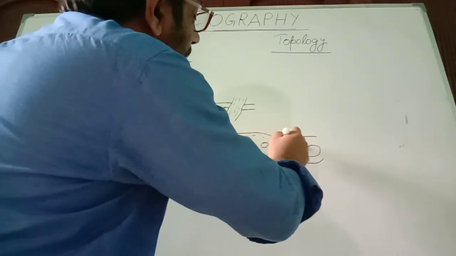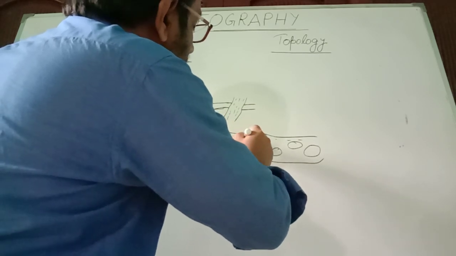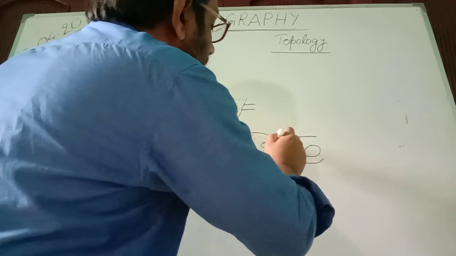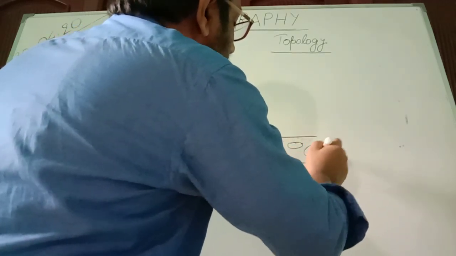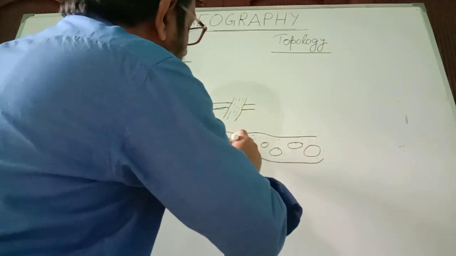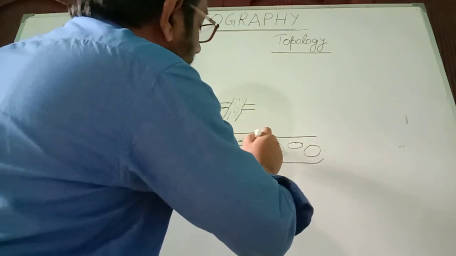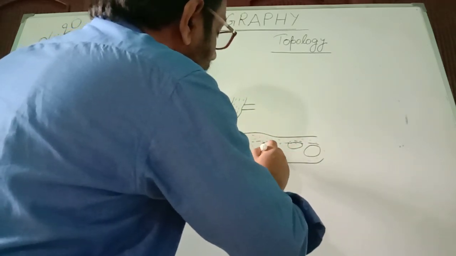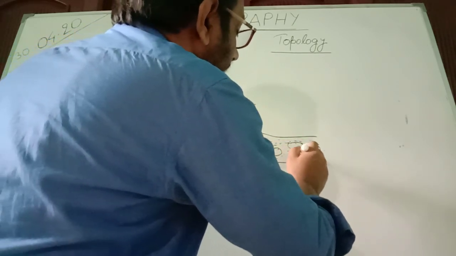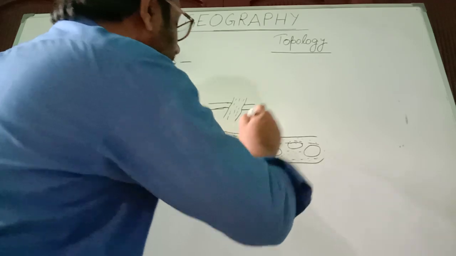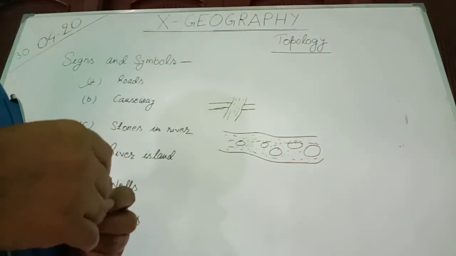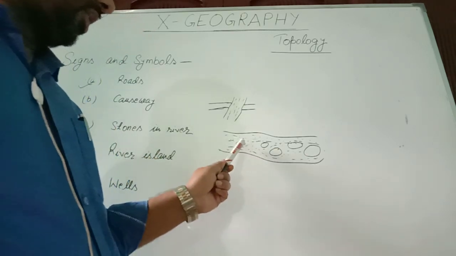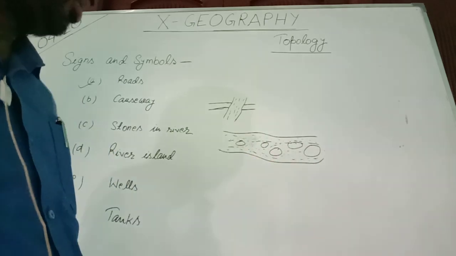This is the water, or beside this we can say this is the sand particles, and in the middle of this water may also be possible. These stones are surrounded by sand particles and a little amount of water. While you find this type of sign on the topo sheet, you can understand these are the stones in the river.